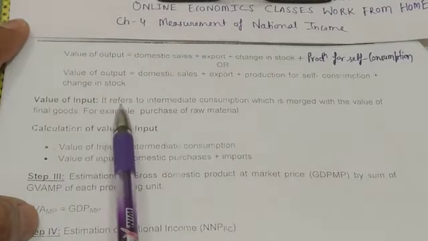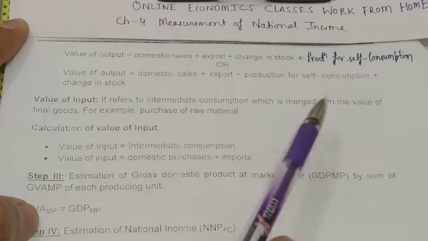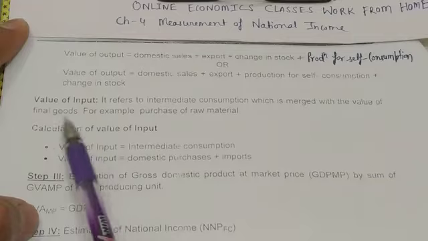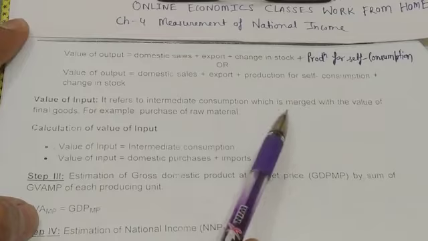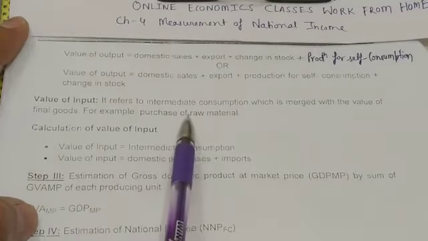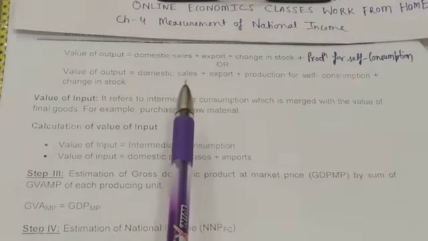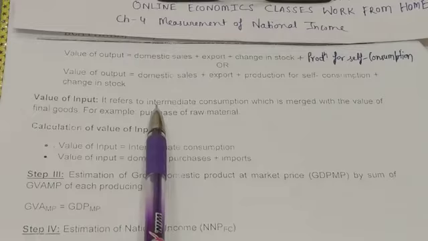See here, it refers to intermediate consumption which is merged with the value of final goods. For example, purchase of raw material. My dear students, there is no need to cram this definition.